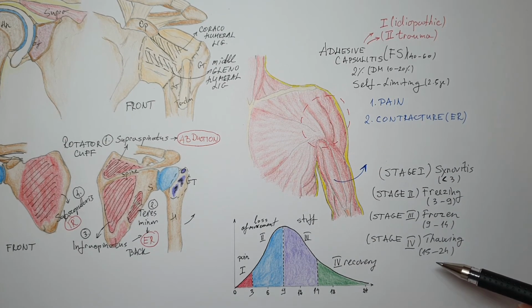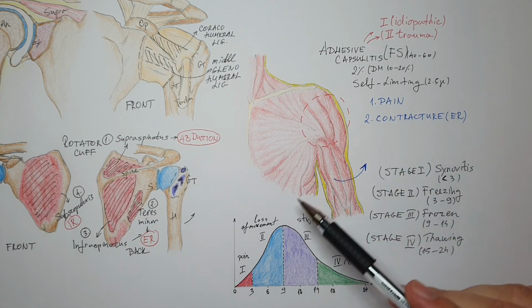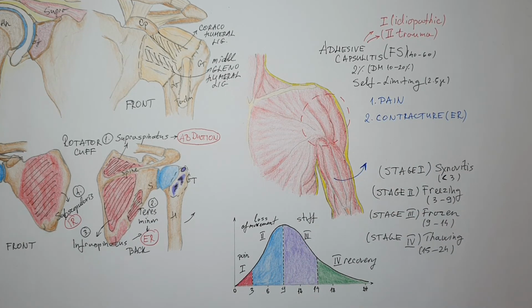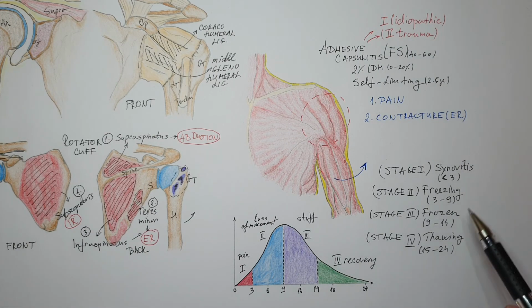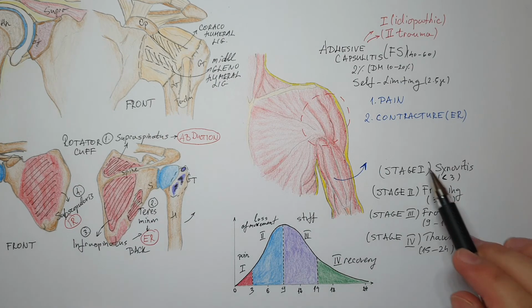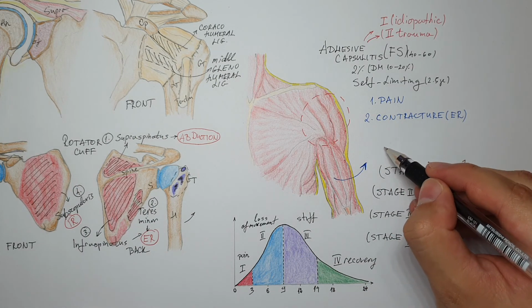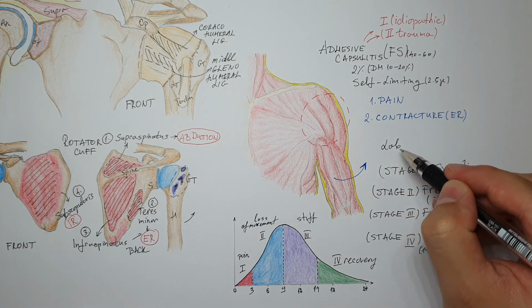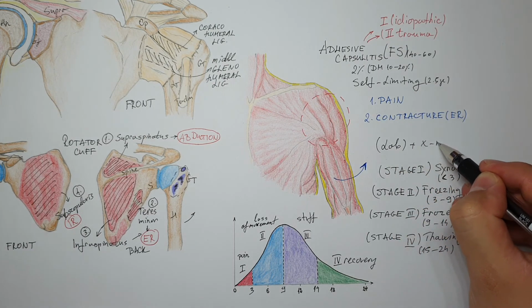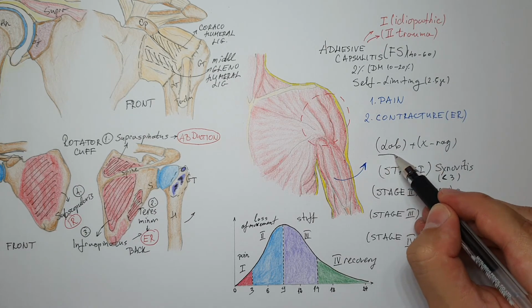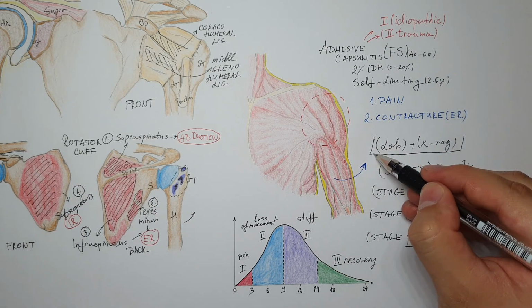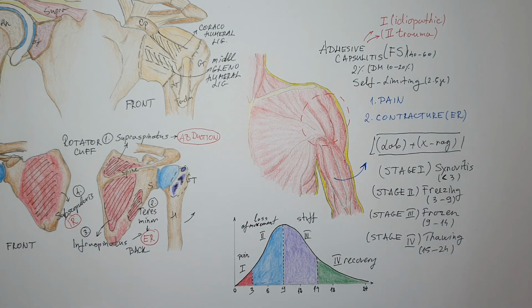So in the light of that, if we have a patient that is developing like this, and if we, for example, take a detailed history and evaluate the patient clinically and see this, and if we don't have labs and x-rays that are pointing in another direction, then we can say this could be adhesive capsulitis or frozen shoulder.